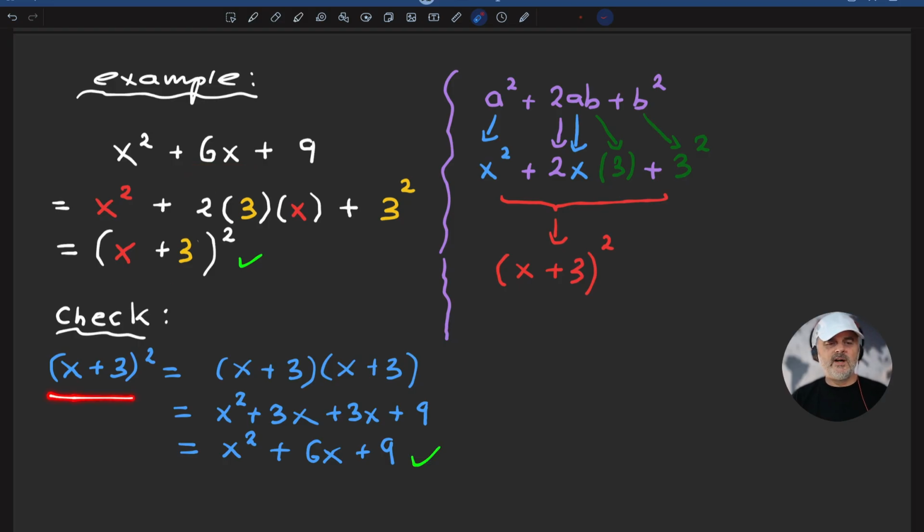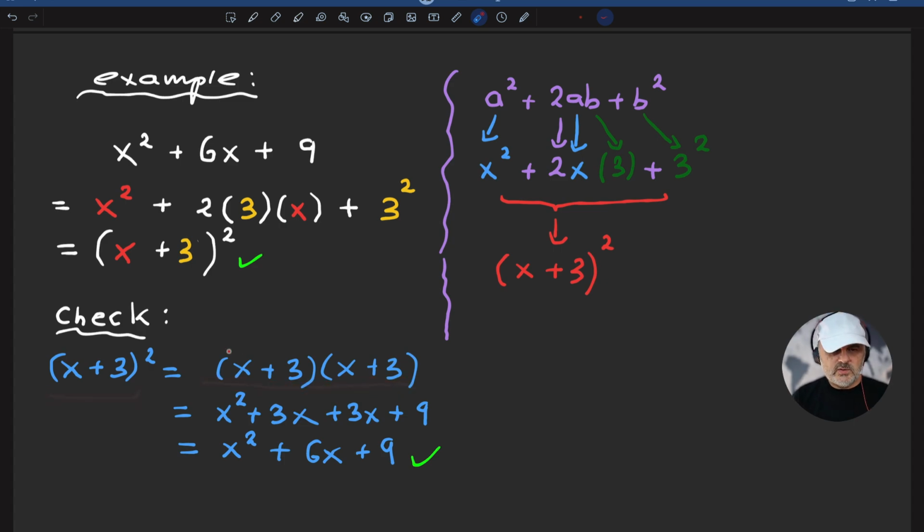And we always check. We don't want to guess and say, hopefully this works. x plus 3 to the power of 2 can be expressed as x plus 3 times x plus 3. This is the time when I want to remind you, if you were to do the factoring, this would be your answer, x plus 3 times x plus 3, which can be converted to x plus 3 squared.